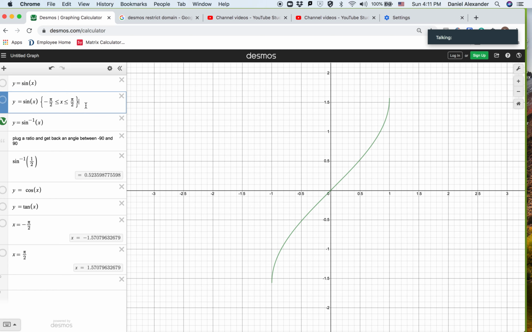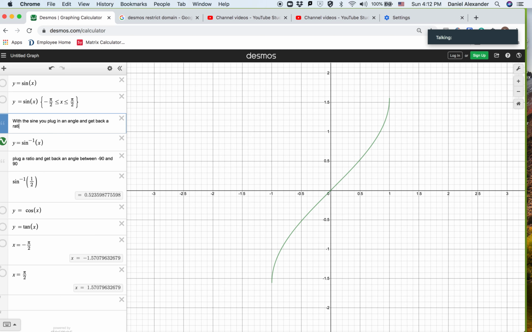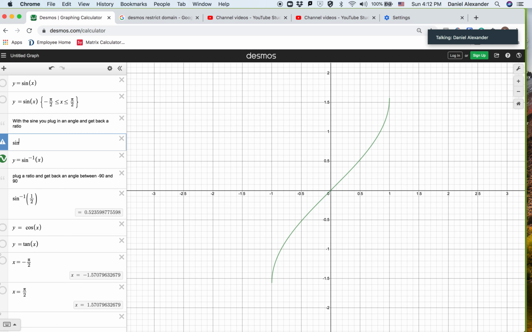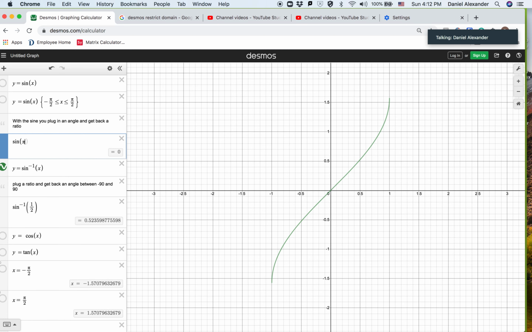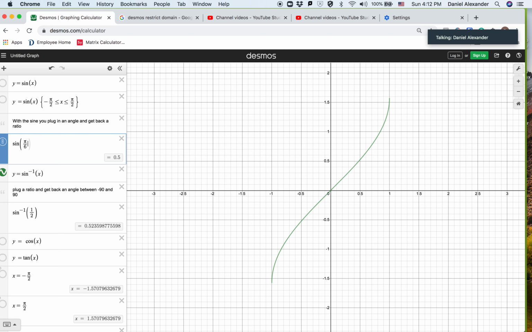Notice with the sine, you plug in an angle and get back a ratio. Let's do an example of that. We want the sine of pi over 6, which is equal to 1/2. Okay.